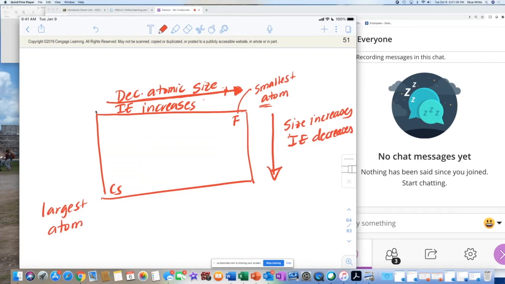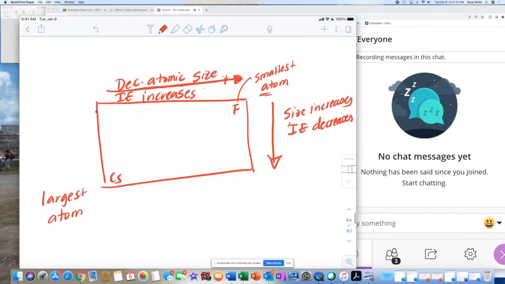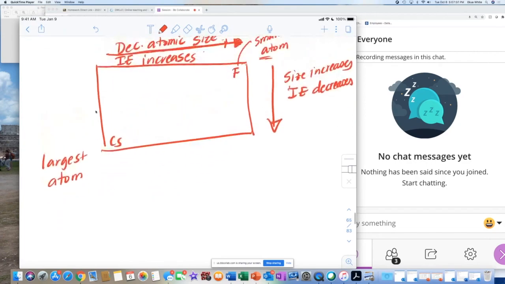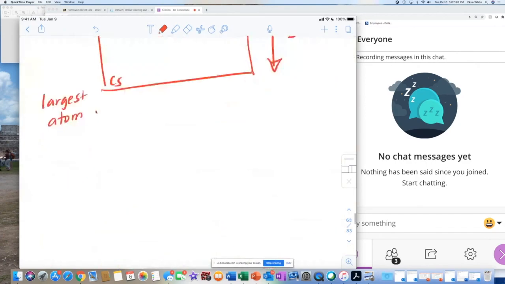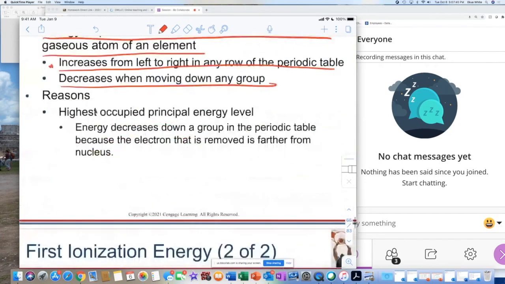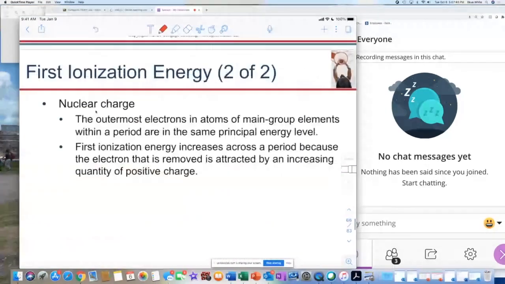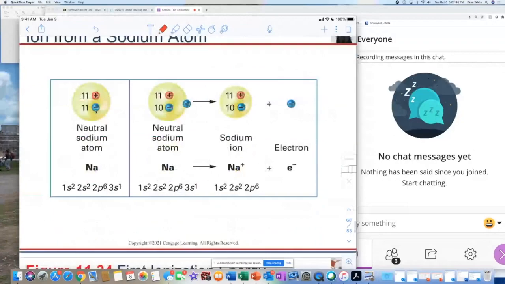Okay? So for this one here, they can give you different questions, like arrange the following elements according to increased ionization energy. You want to make sure you follow the model to answer the question. Let me see if we do have some questions in here. It'll be a lot easier to go through that. And I won't even go through the reasons here, the nuclear charge.